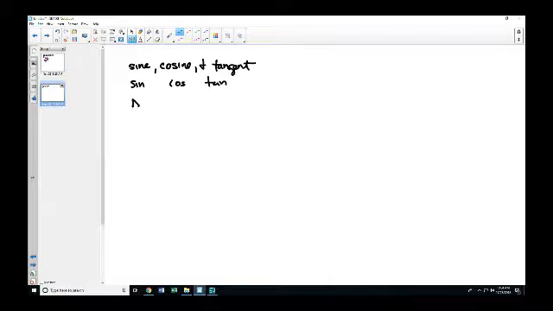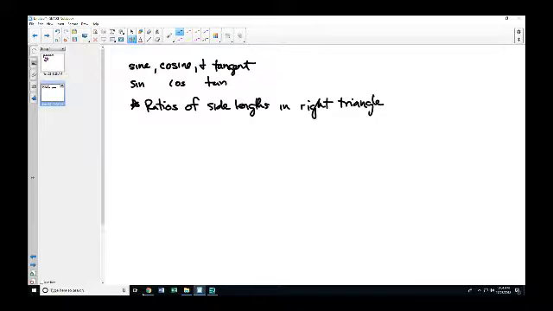All right, these are different ratios of side lengths in a triangle, right triangle. What? Oh, we'll get to that.